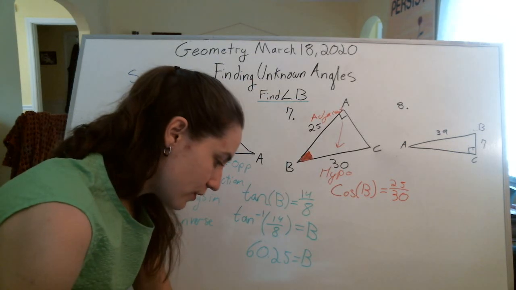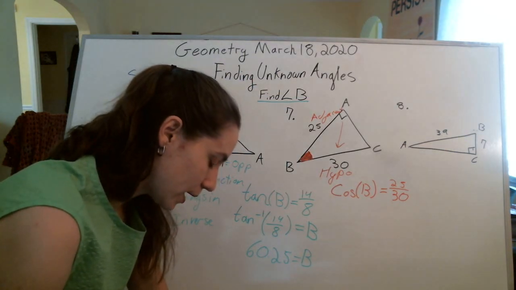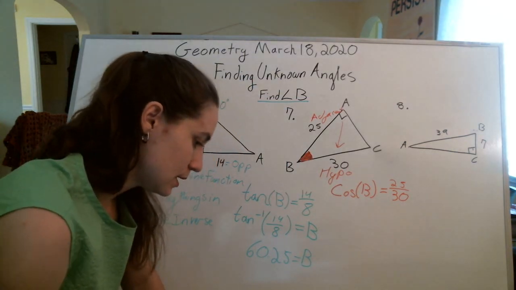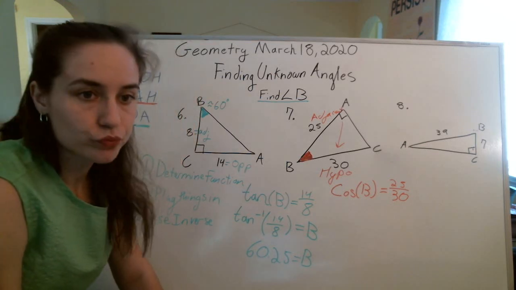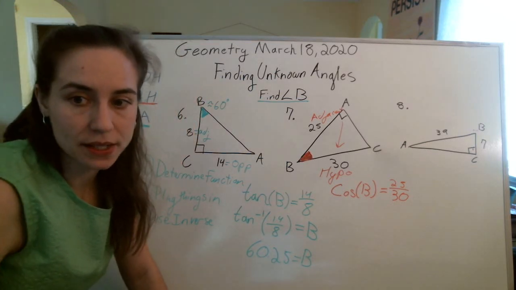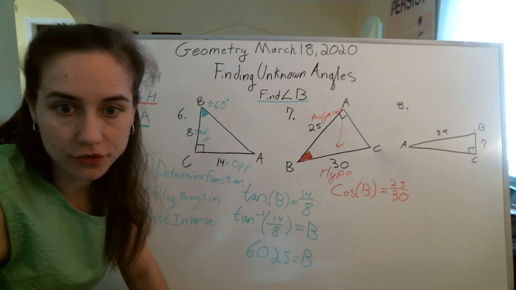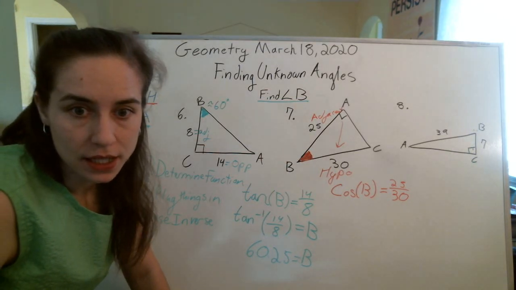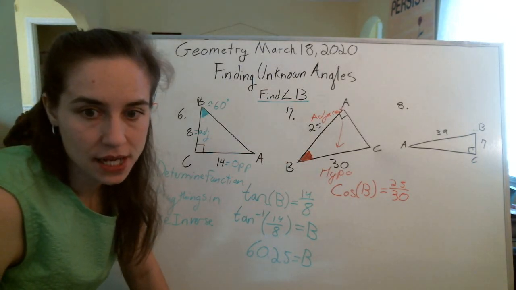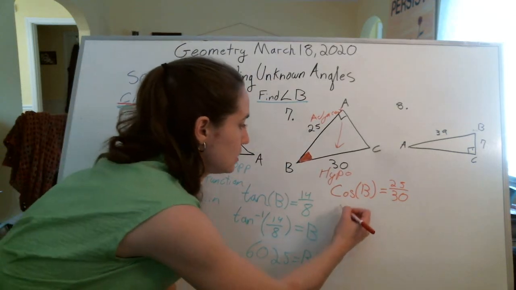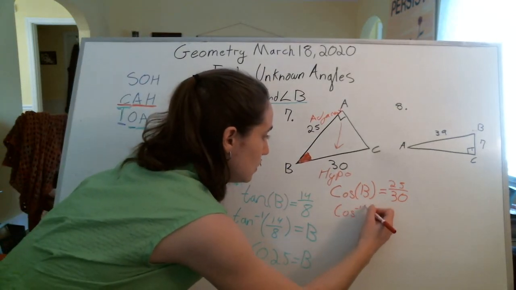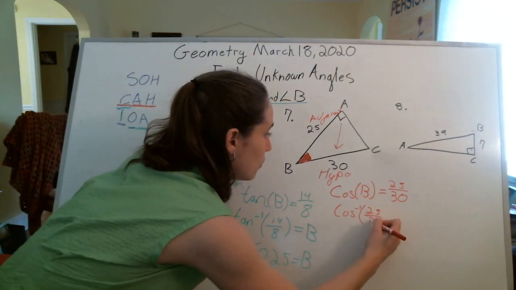All right, so 25 over 30 is what we're working with here. I can't just guess it. So again, I'm going to have to go back to that calculator, clear out what I had in there before, and use my function to say cosine inverse of 25 over 30.